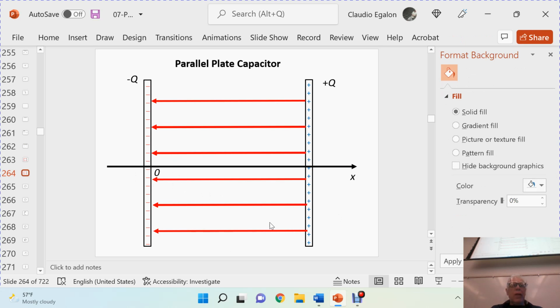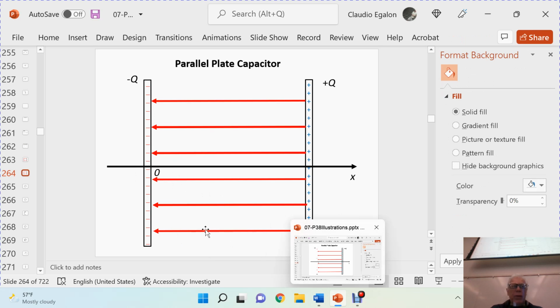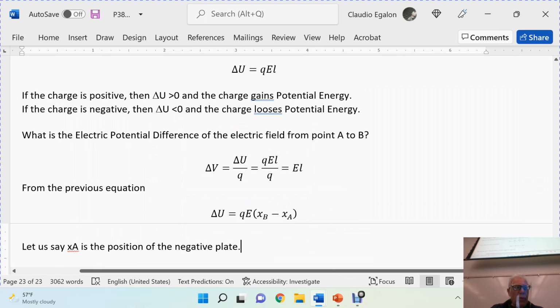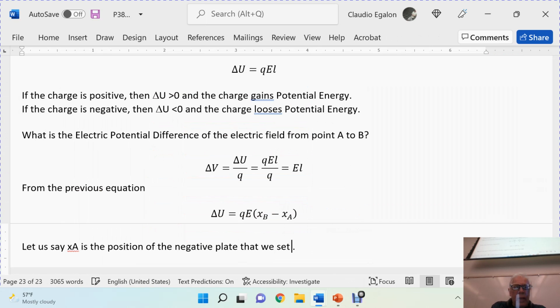So I make this one equal to XA. And just like we did in the experiment, here the electric potential is equal to 0. So the electric potential increases in the opposite direction of the electric field. See that? From the previous equation, let's say XA is the position of the negative plate that we set at 0.